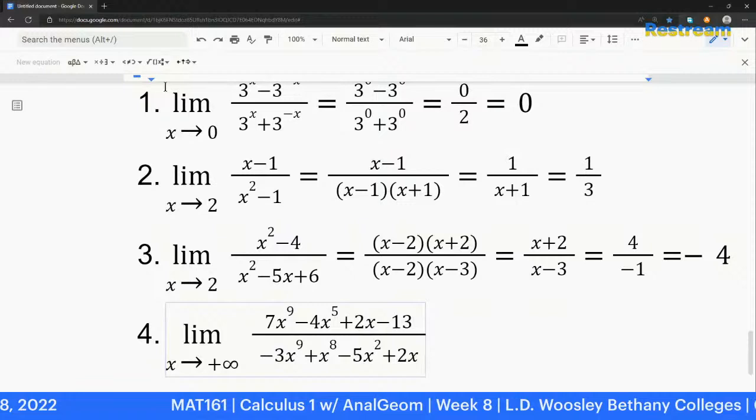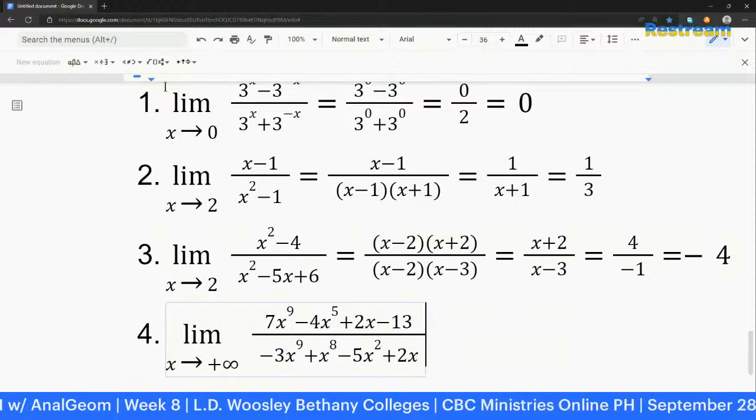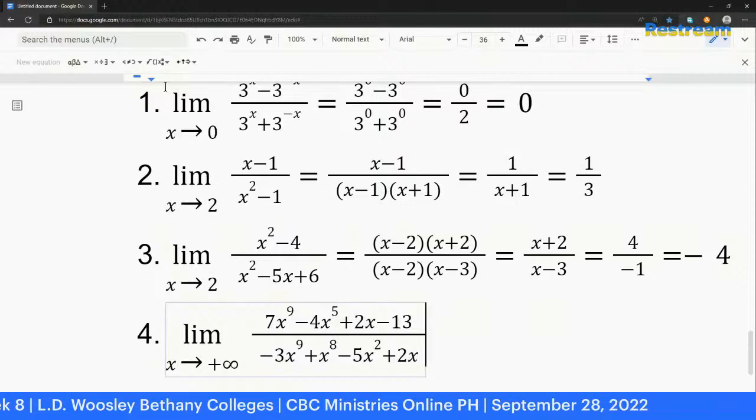Okay guys? Sige. Kindly solve this. Solve for the limit as x approaching infinity.